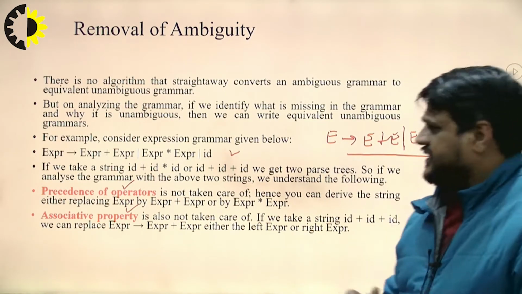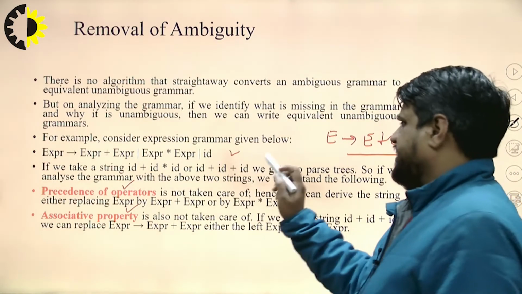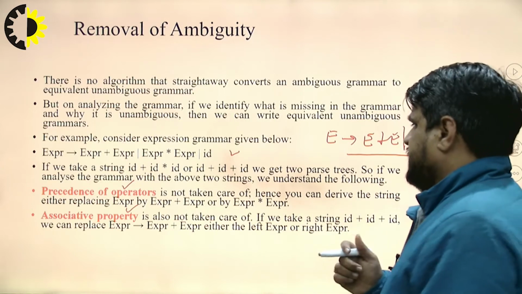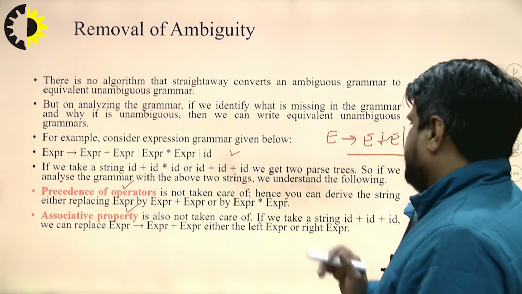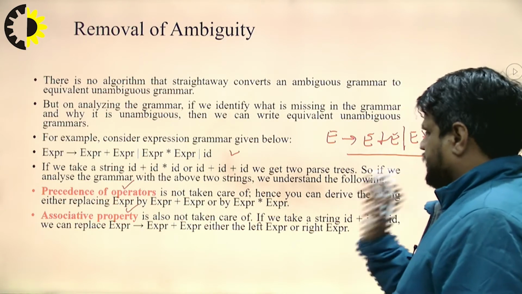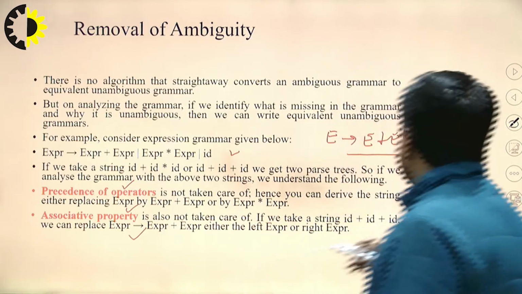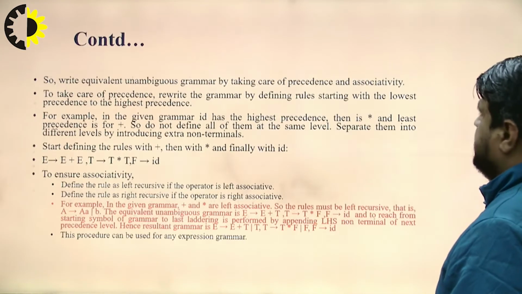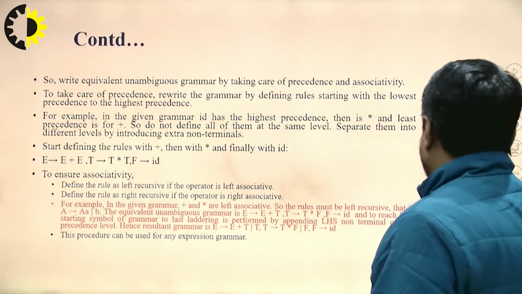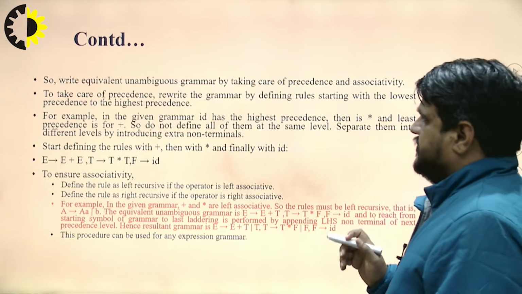Earlier we have seen this is an ambiguous grammar, because for the string ID plus ID multiplied by ID we generated two parse trees. If you take care of precedence as well as associativity, you can simply remove the ambiguity from this particular grammar. So to write the equivalent grammar, let us think about how we can remove the ambiguity.